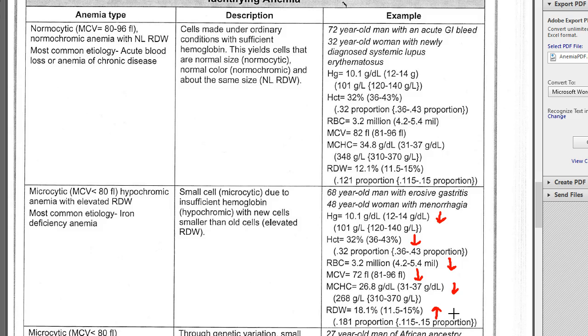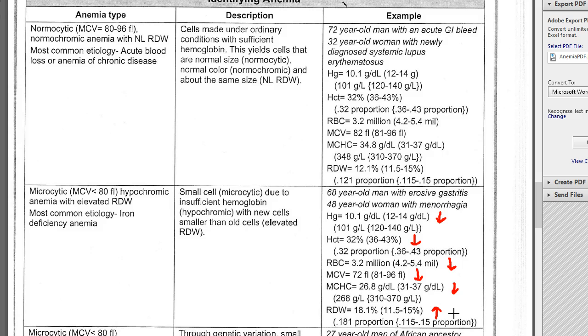As I mentioned, in adults it takes about 8 years of insufficient iron intake for this to show up. Presentation: fatigue, that's always going to be there. They may talk about it worsening with activity or exercise, headache, may complain of palpitations, some weakness, some tachycardia.